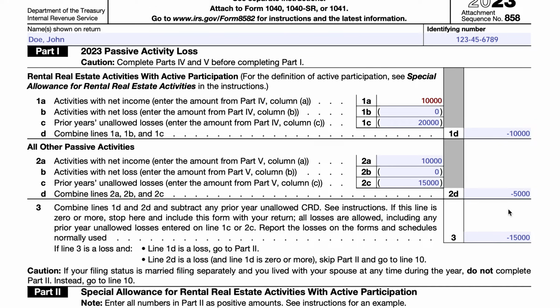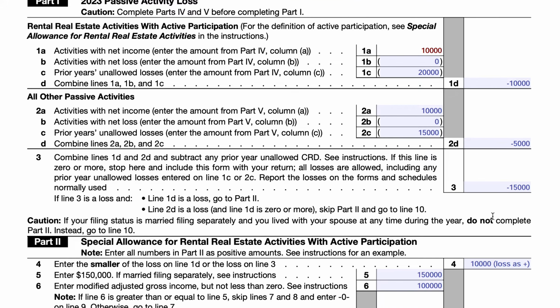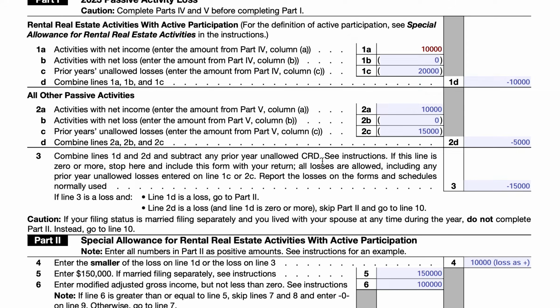And then we're going to combine lines 1D and 2D, and subtract any prior year unallowed commercial revitalization CRD. That's the commercial revitalization calculation, which doesn't apply in this case, but there are extra steps that you would have to take if you did have commercial revitalization.